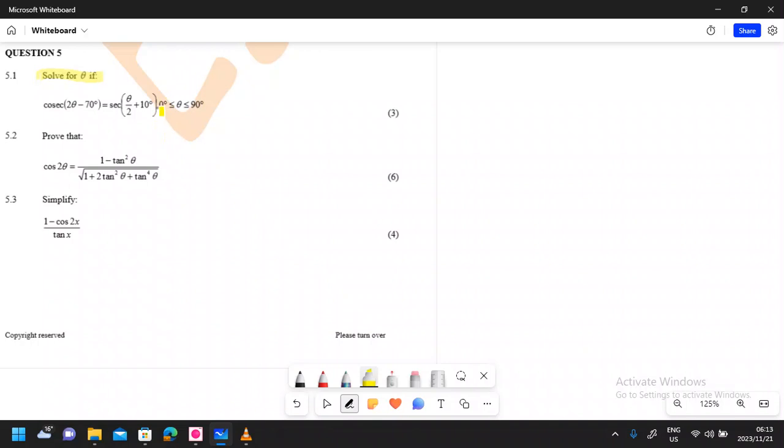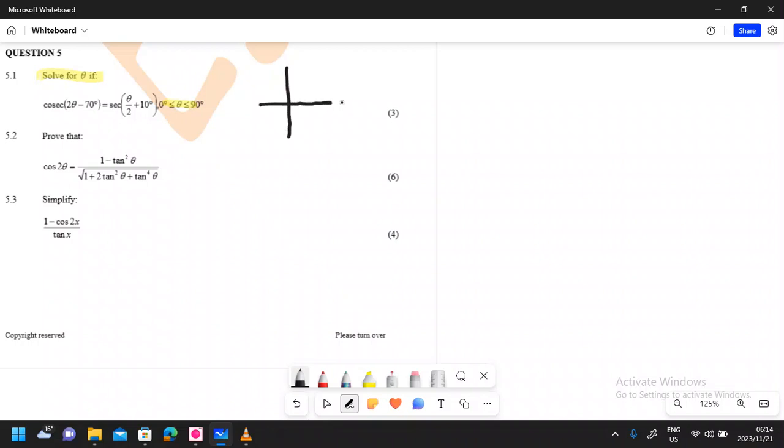Now they even give you a domain here. They say the domain should be 0 to 90. So basically theta should be greater than or equal to 0, or less than or equal to 90. So that is the domain, meaning it is the first quadrant, guys.